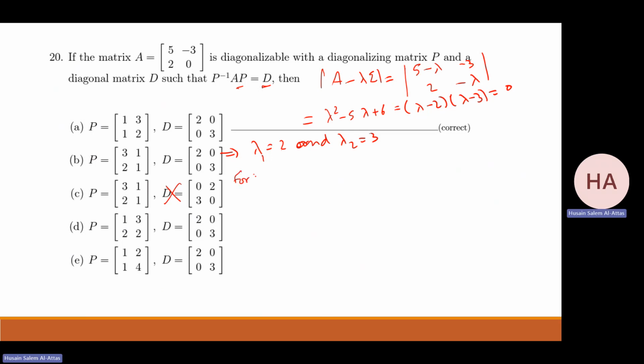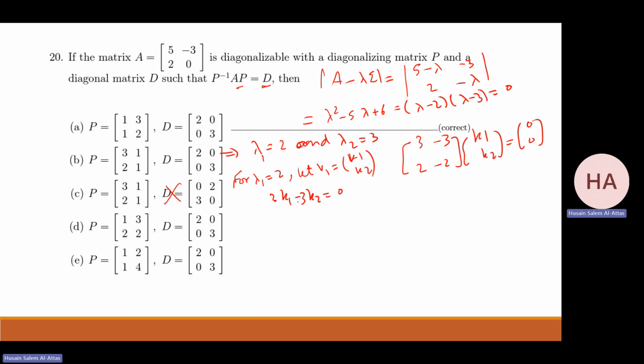So now for lambda 1 equal to 2, I need to find the eigenvectors. I let V1 be K1, K2. So the system will be 3, minus 3, 2, minus 2, times K1, K2. So I have 3K1 minus 3K2 equals 0, and 2K1 minus 2K2 equals 0.